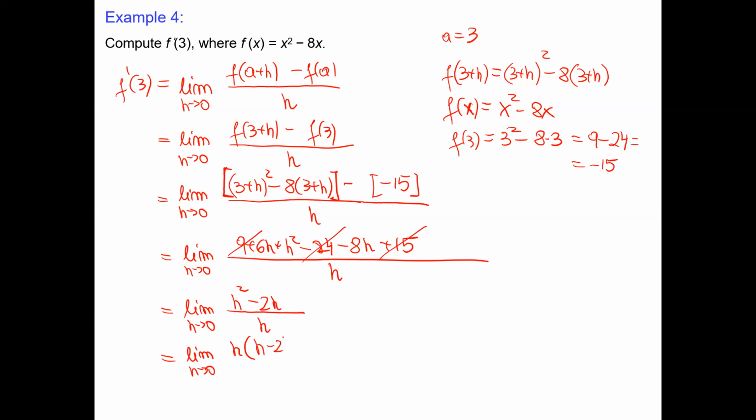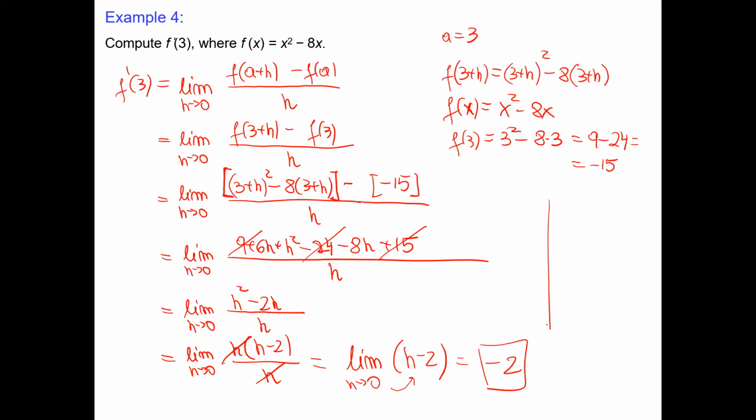Factor out h first, and the common h is gone. We get h minus 2. And now it's direct substitution. The slope is negative 2.